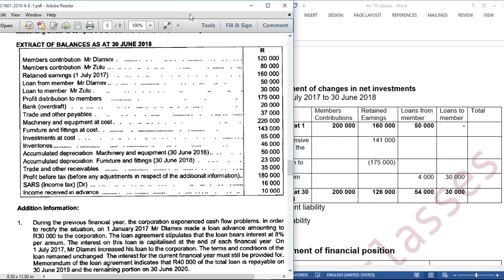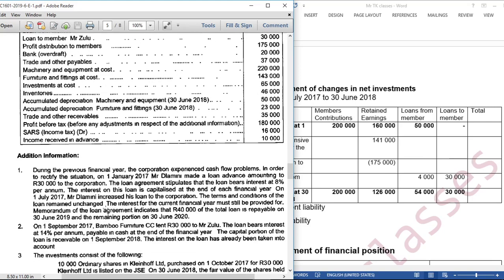All right, because we saw something like repayment or something of that sort. Memorandum of the loan agreement indicates that 40,000 of the total loan is repayable on 30 June 2019. And when is our year ending? 30 June 2018. So from our year end, 30 June 2019 is only 1 year.